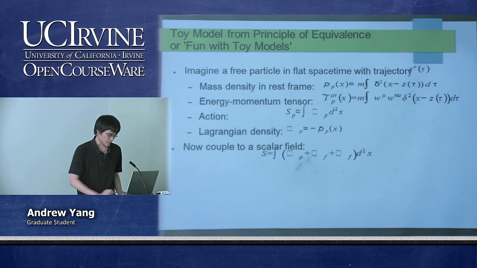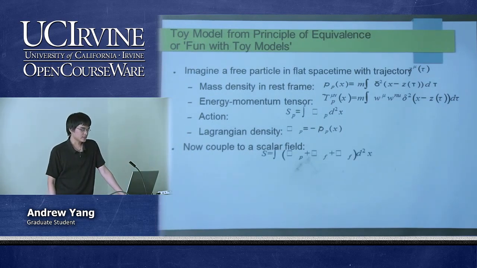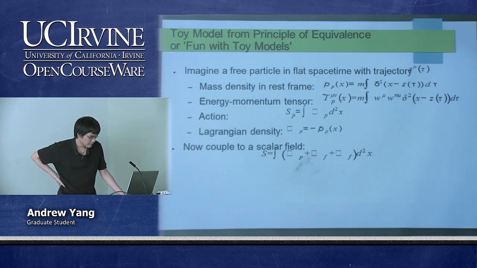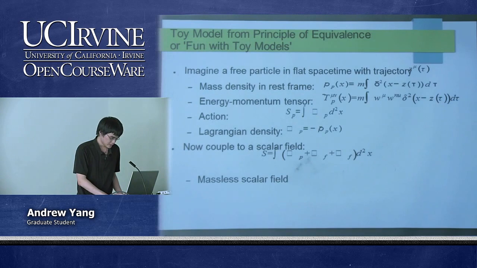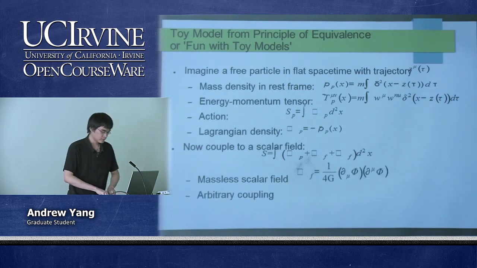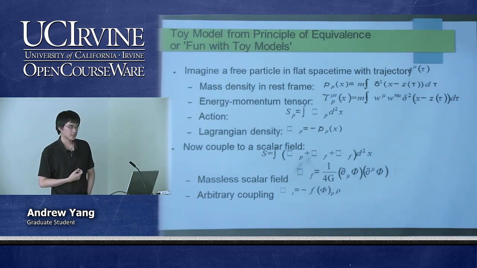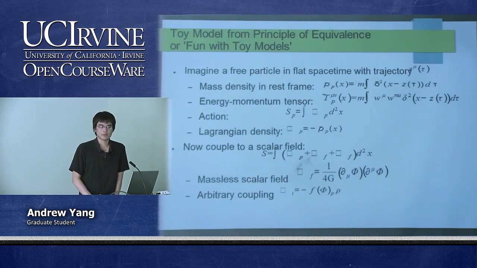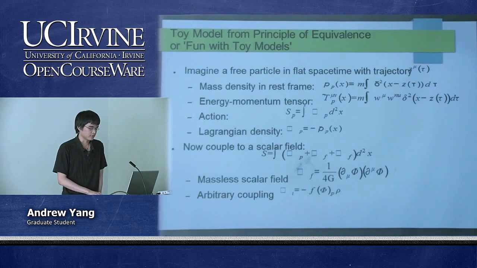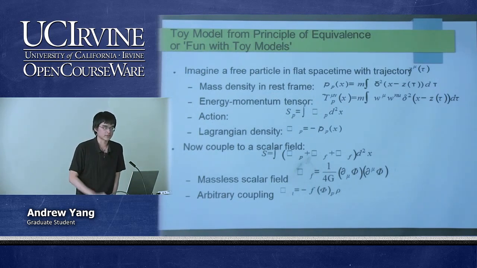If we do so, we then get an action that is the sum of the different contributions of the Lagrangian densities associated with first the particle, then the field, and then an interaction. We can get these just from an arbitrary scalar field phi, and then a coupling that is a function of that field.